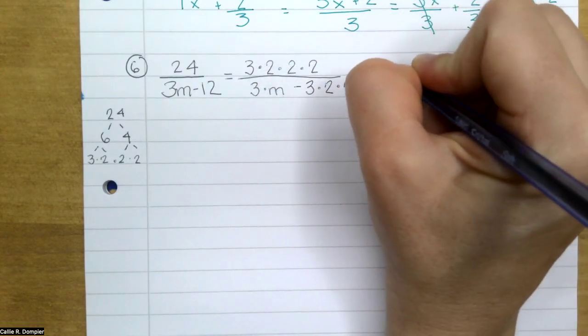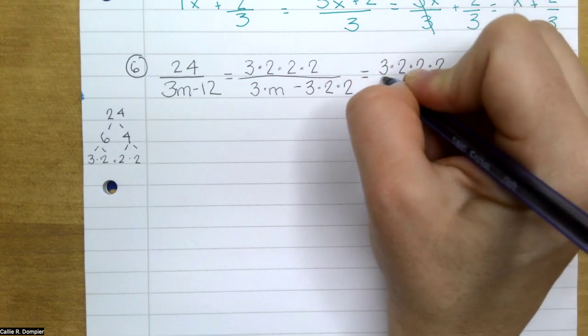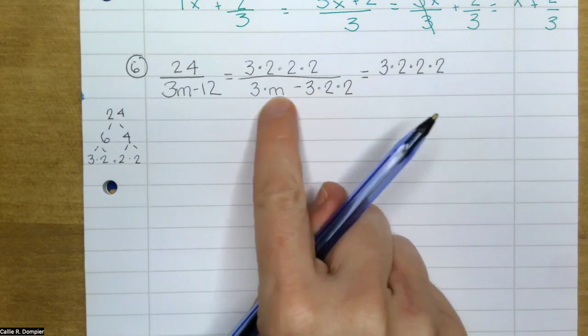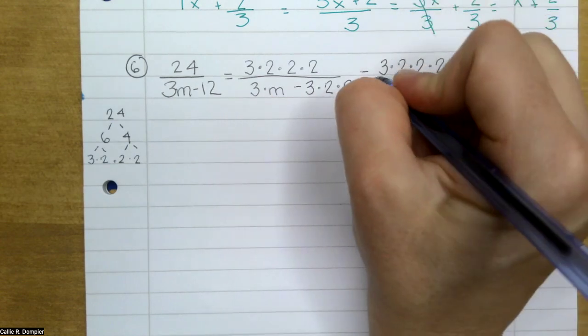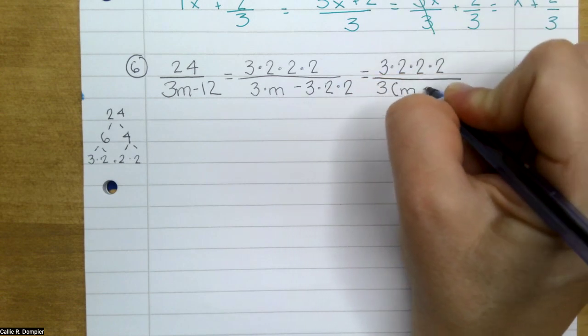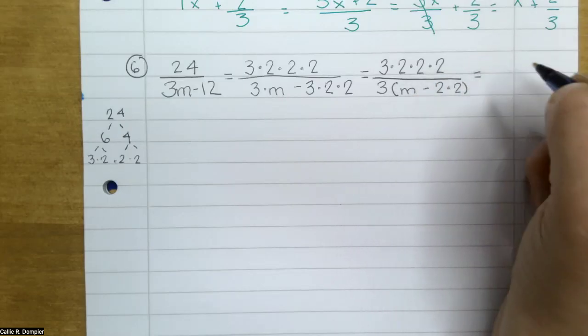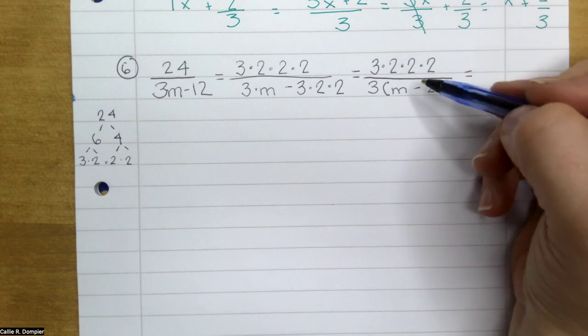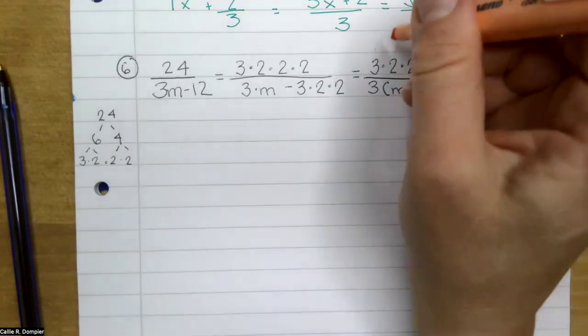I'm going to leave it like this on the top. And on the bottom, I can take out a 3. Not a negative 3, but just a 3. Good. Now I'm sure that I can take out the 3 from the top and the bottom.